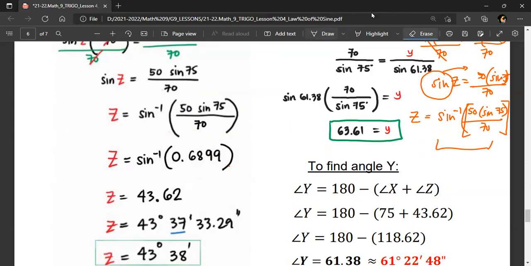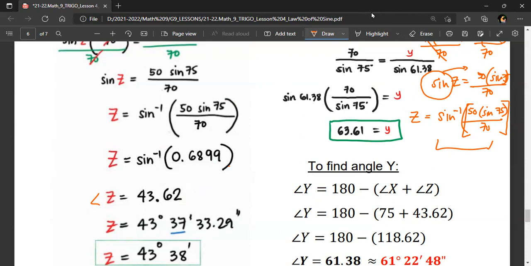Now, when I press the arc sine using the shift then sine button, the screen in your calculator will appear to have a sine raised to -1. Then input this numerical value. When you press equal, you will come up with this value in decimal format. I stop at the second decimal number again. And from here, I have angle C equal to 43.62.